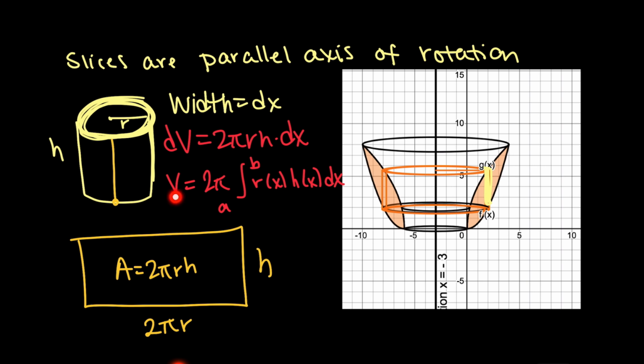So volume equals, and I just took this 2 pi from my volume formula and pulled it out front because it's a constant, 2 pi times the integral, which represents a sum of our radius times our height, both as functions of x, dx. We'll add these up from where we're starting, x equals a, to where we're stopping, x equals b.